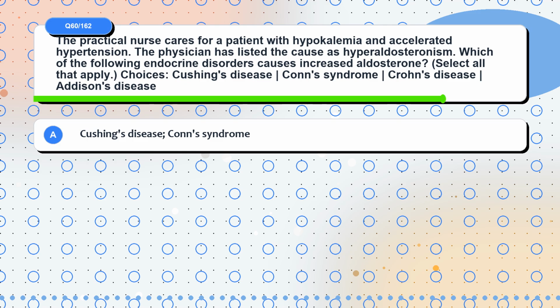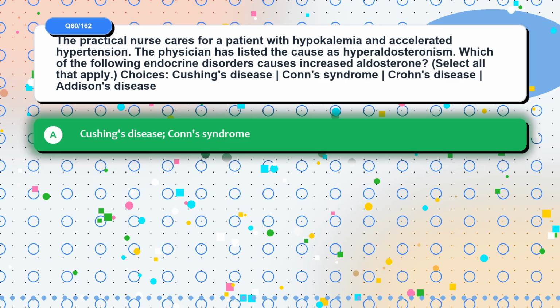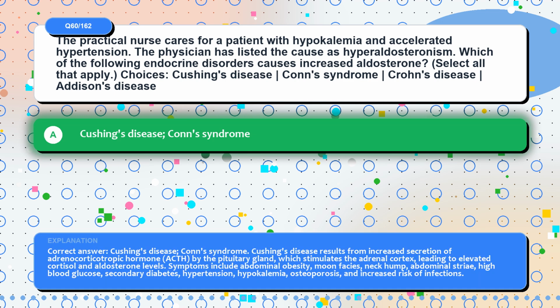Here are the options. Option A: Cushing's disease, Conn's syndrome. The correct answer is option A: Cushing's disease, Conn's syndrome.